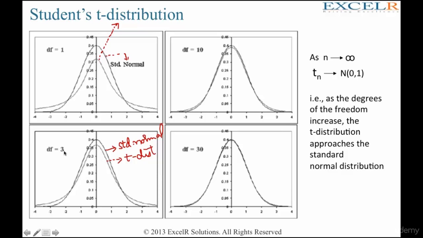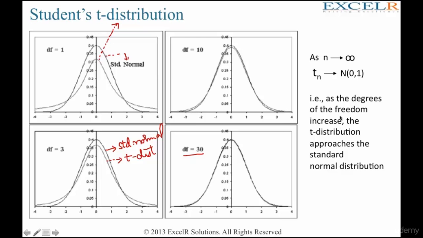In that way, if I increase the sample size further to 11, I get degrees of freedom which is 10. Now, if you notice clearly, there is negligible difference, though there is small difference that you notice. If I increase the sample size further to 30, you see that standard normal distribution and t-distribution overlap. What does that mean?